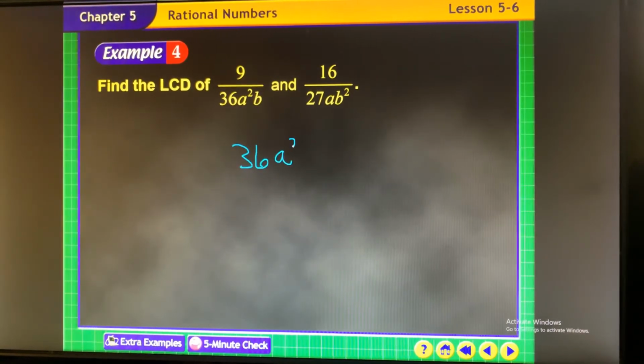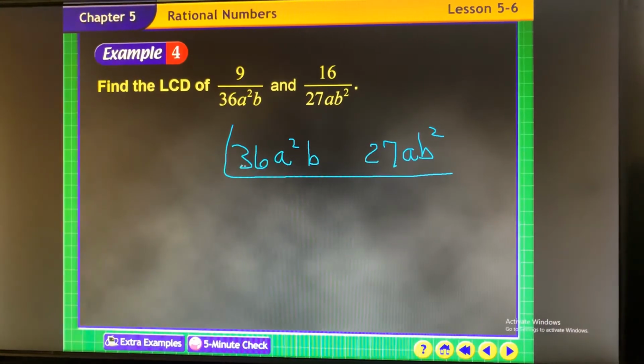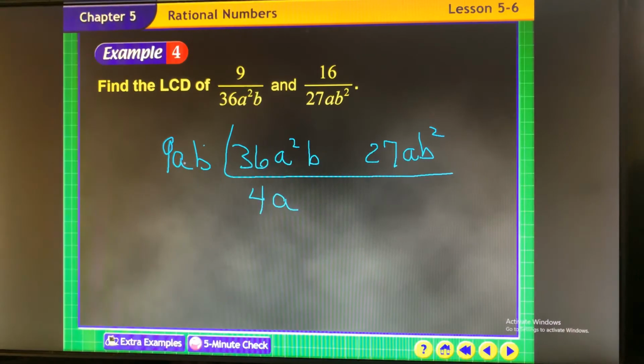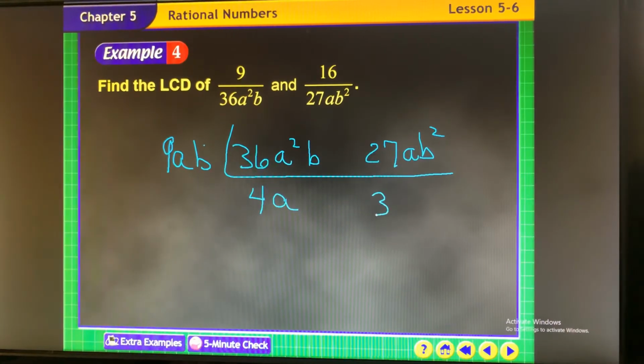36a squared b, 27ab squared. What goes into 36 and 27? 9. Okay, what's the biggest a you can take out? A. What's the biggest amount of b? B. 9 goes into 36, 4. Take one of those a's away. Take the b away. 9 goes into 27, 3.